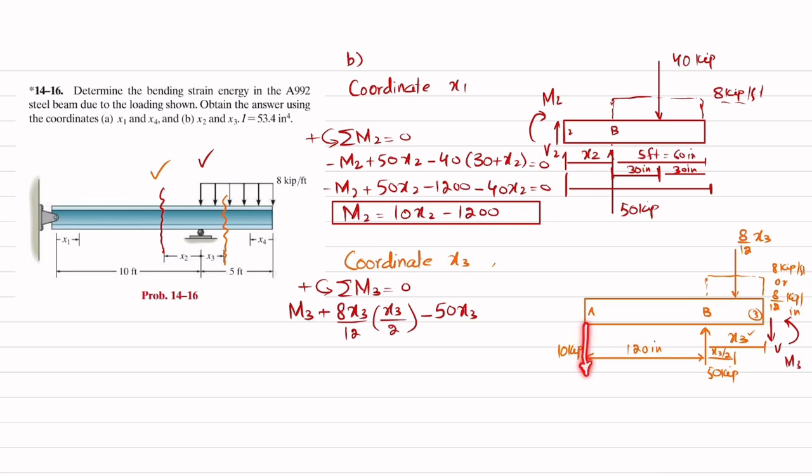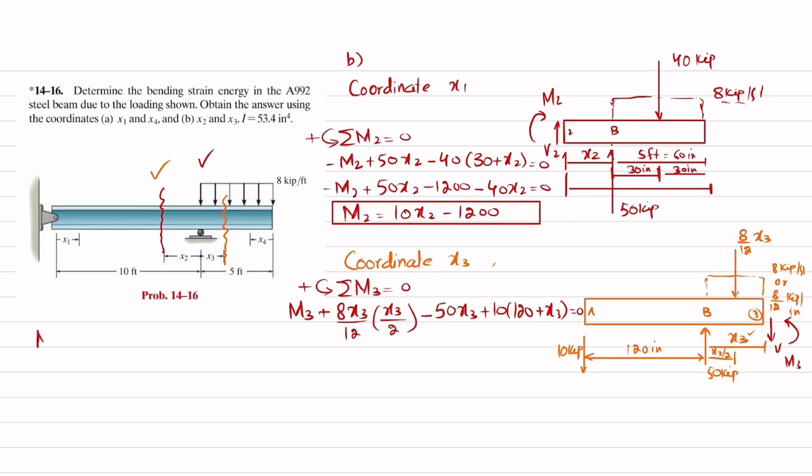this 10 kips load, and the perpendicular distance is 120 plus x3 inch, and this is also producing counterclockwise moment, so it will be positive. So plus 10 into 120 plus x3, their sum must be equal to 0.